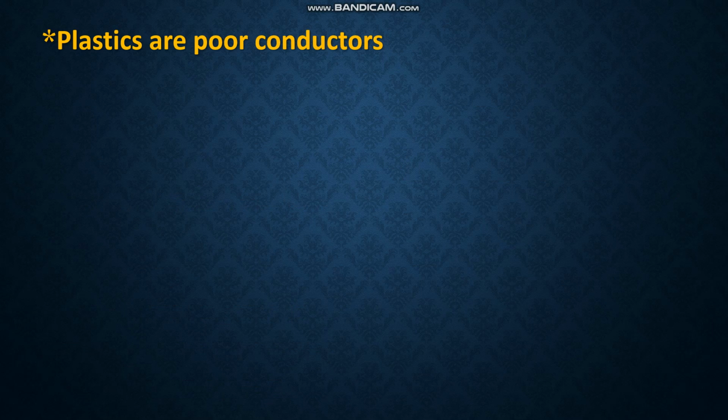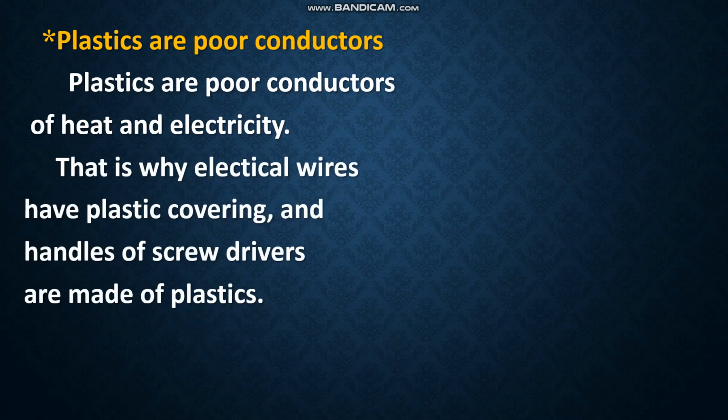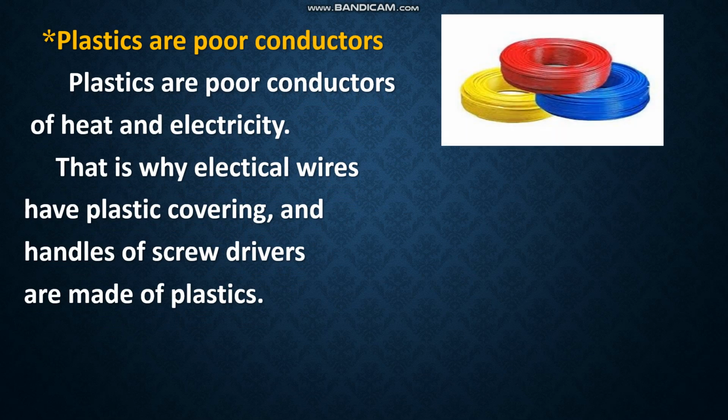Due to this reason, it is used to make some materials like electric wires. You might have seen insulation in electric wire. If the insulation is not there, what happens? If we come in contact with that or accidentally touch that, we'll get a shock. So to avoid this, electric wires have an insulation. This insulation material is nothing but plastic.